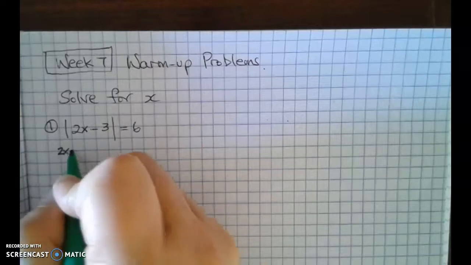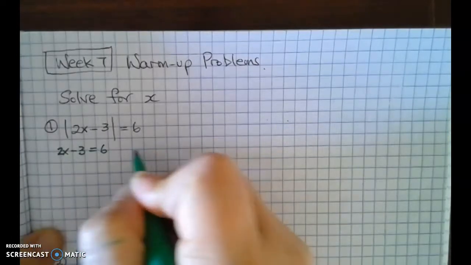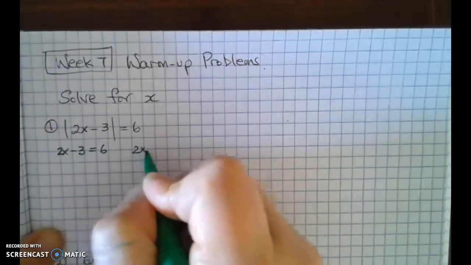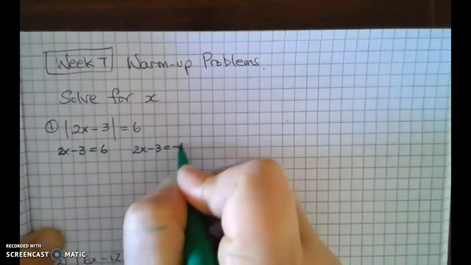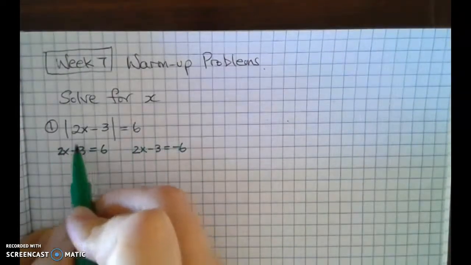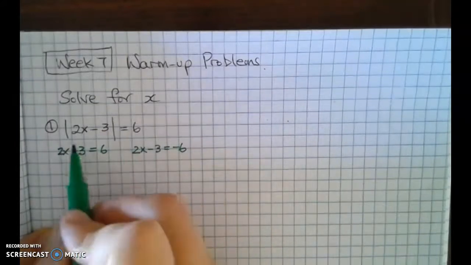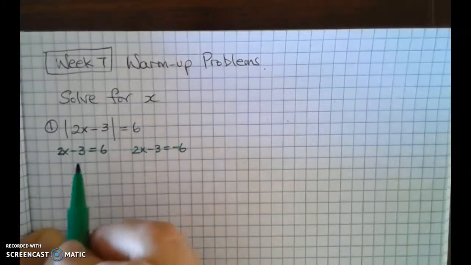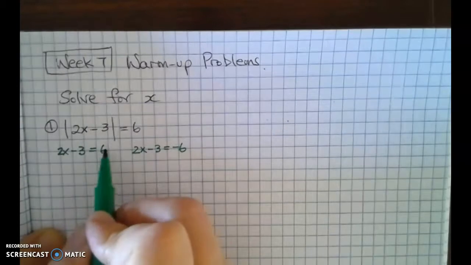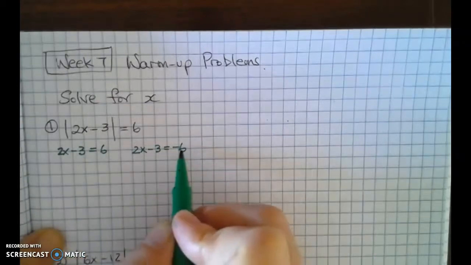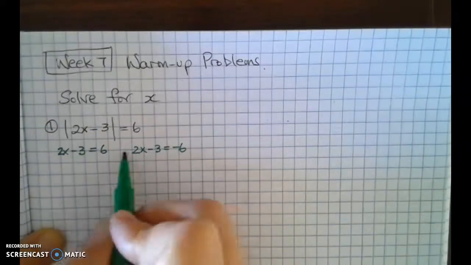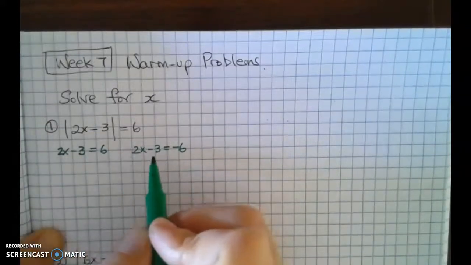So 2x minus 3 is equal to 6, or the negative version is 2x minus 3 is equal to negative 6. The reason you do not have the absolute value symbol anymore is because you've applied it. You have done the absolute value function by putting the positive version and the negative version of the equation. So you no longer see this absolute value symbol anymore.